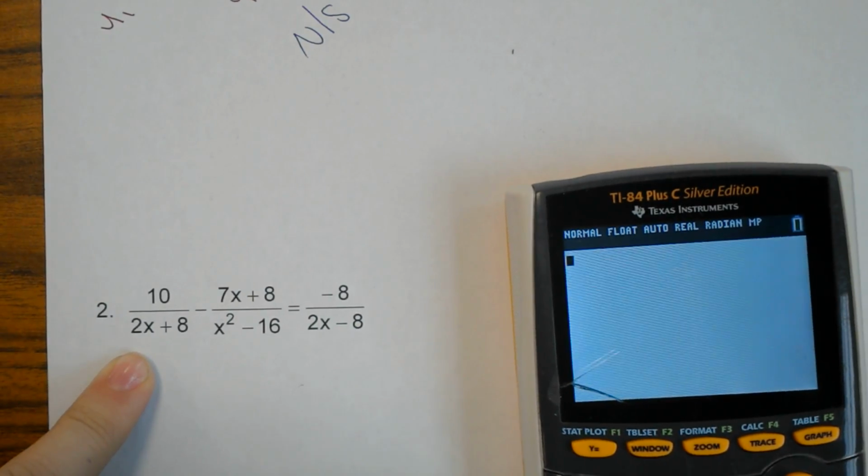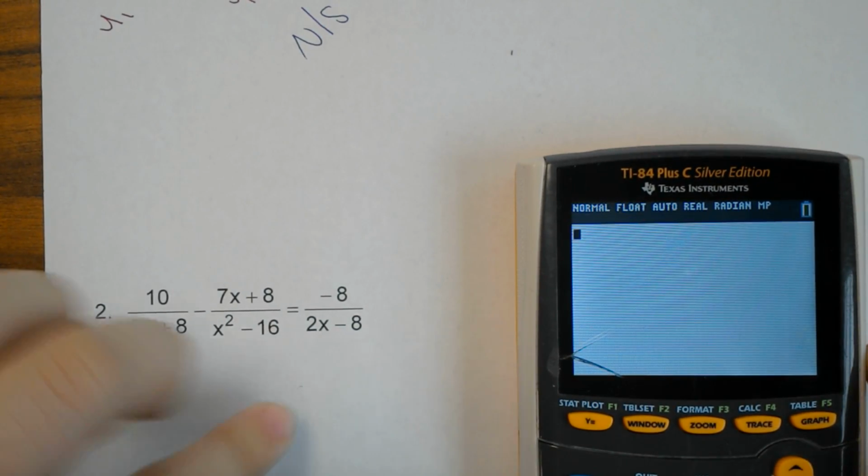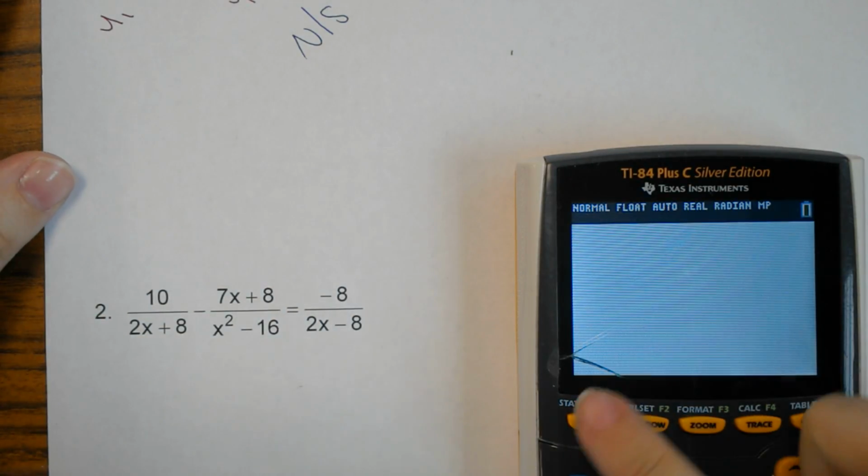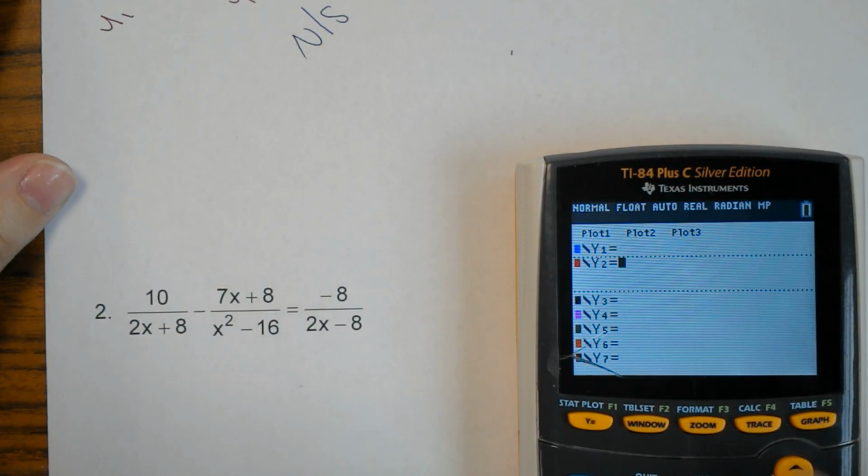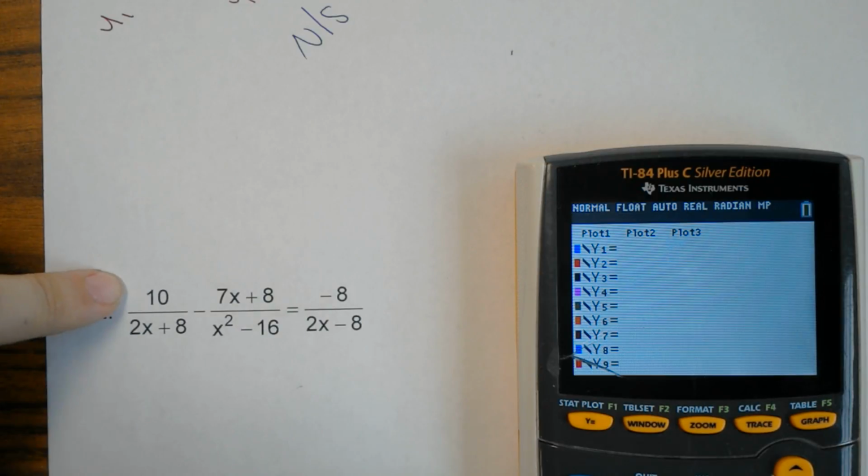So this one could be really bad if you had to factor and get all that stuff. So I'm going to graph it and look in the table.